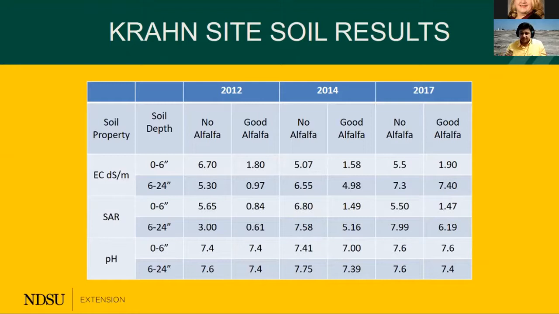But as soon as the EC levels got to 5, alfalfa didn't even germinate. It wasn't there. Same thing goes for SAR. The highest SAR was about 1.47, where alfalfa is doing good. And where it wasn't doing any good, the lowest SAR was 5.5.